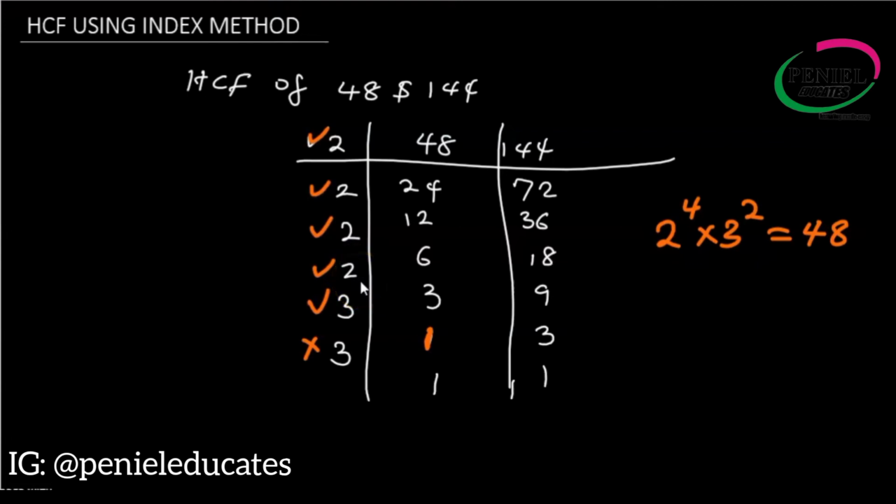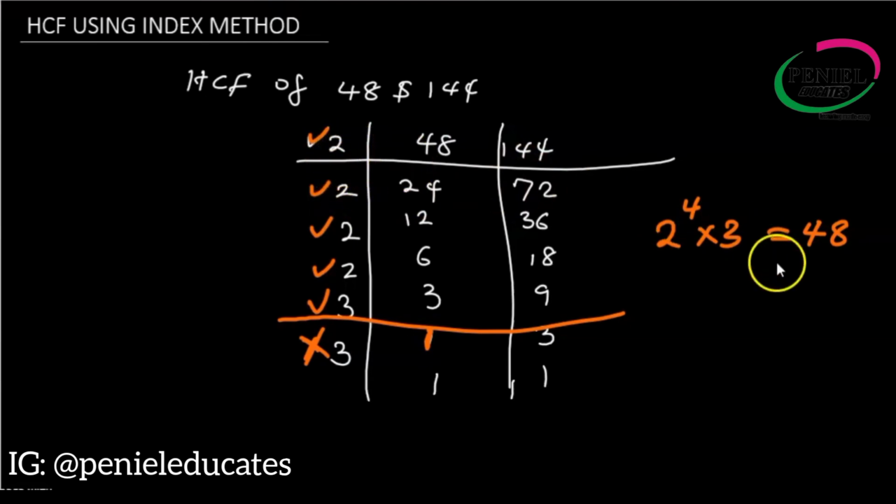The highest common factor is just 2, 2, 2, 2, and 3. Note that this particular one is not raised to power 2. It's actually raised to power 1, because these are the only ones we are using. So this particular one is not a common factor for the two of them.